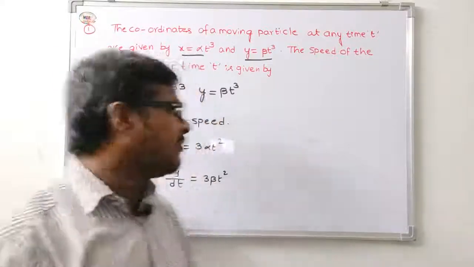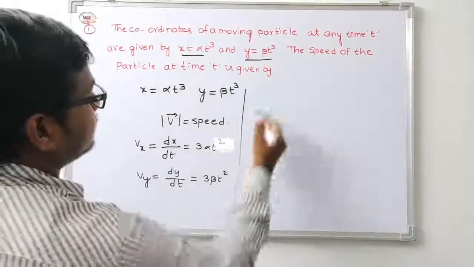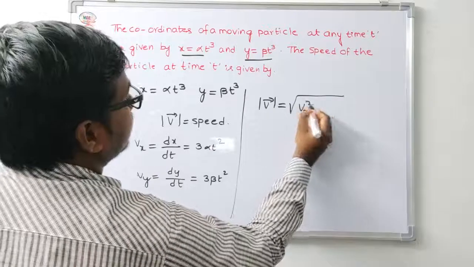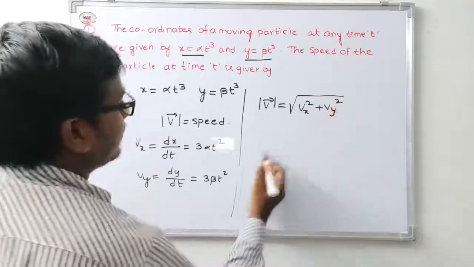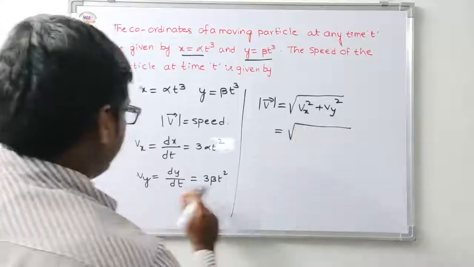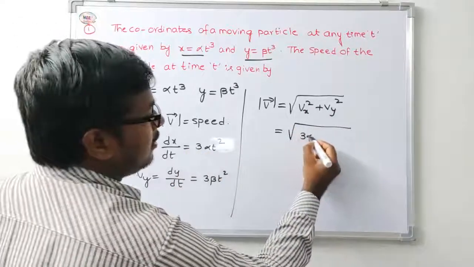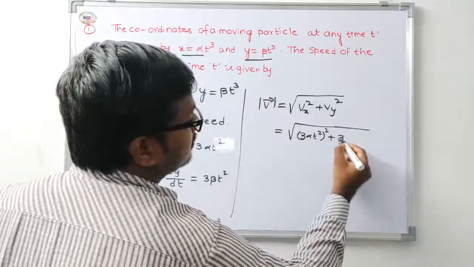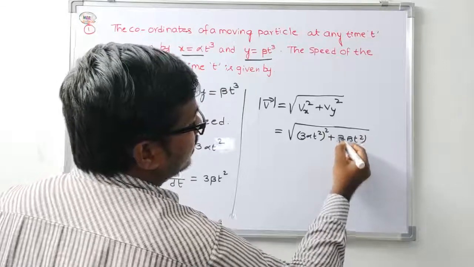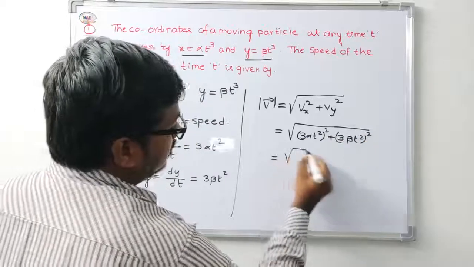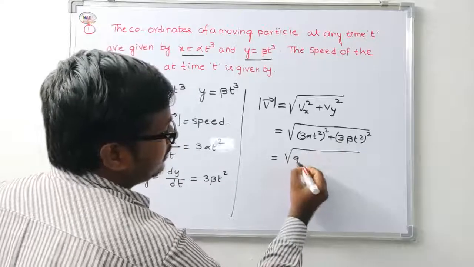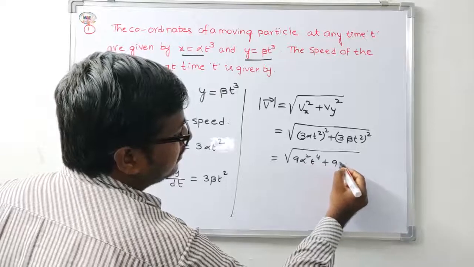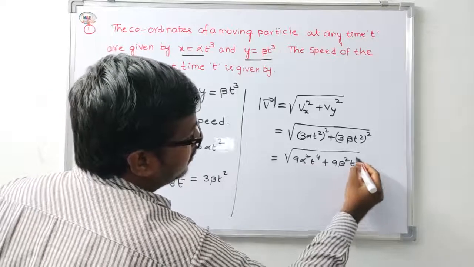It's a very important and very easy problem, students. That is equal to the square root of (3 alpha t square) whole square plus (3 beta t square) whole square. On multiplication, 9 alpha square t power 4 plus 9 beta square t power 4.